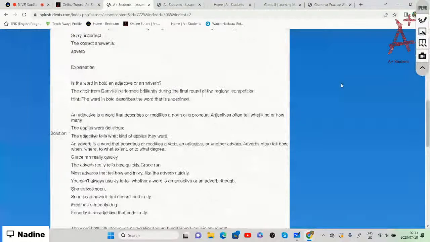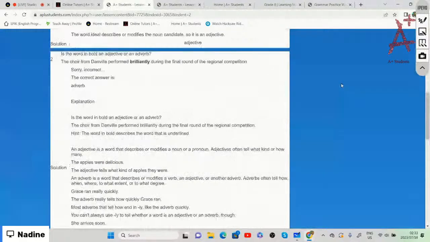The choir from Danville performed brilliantly during the final round of the regional competition. We need to choose the correct word.